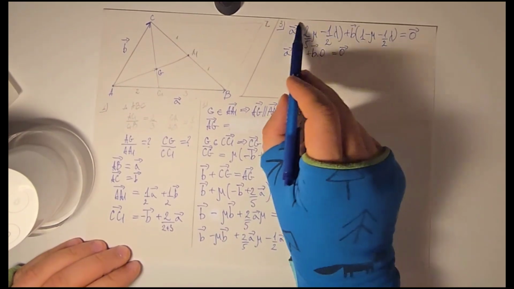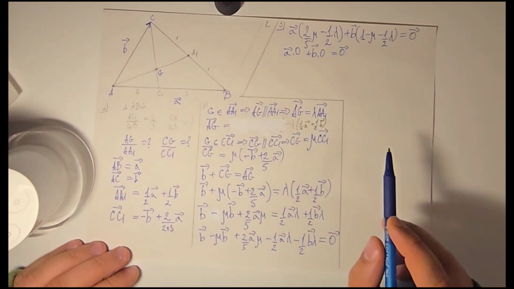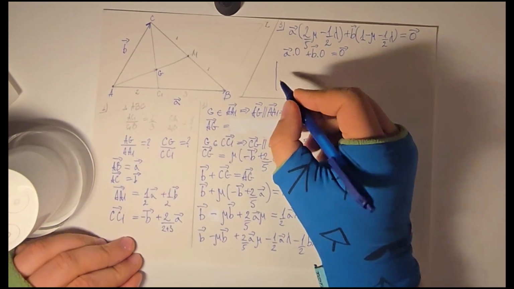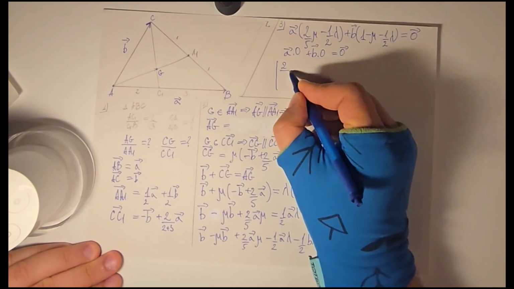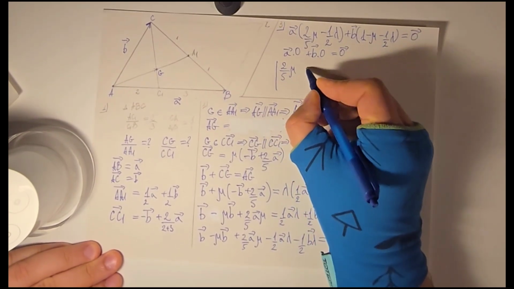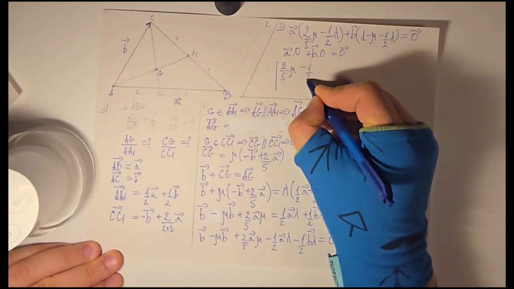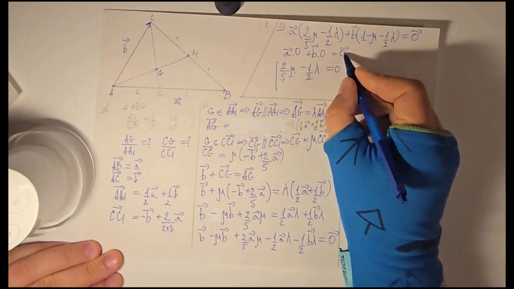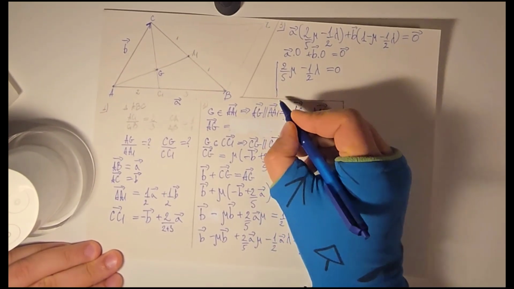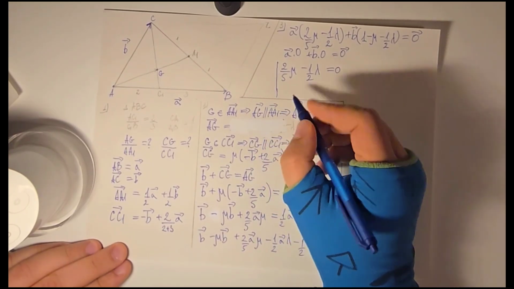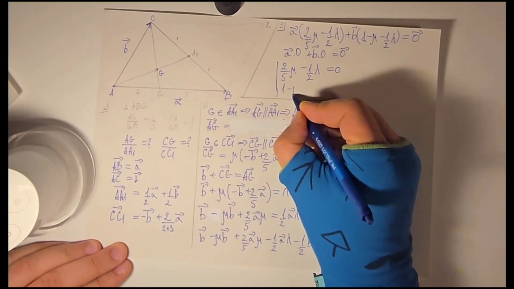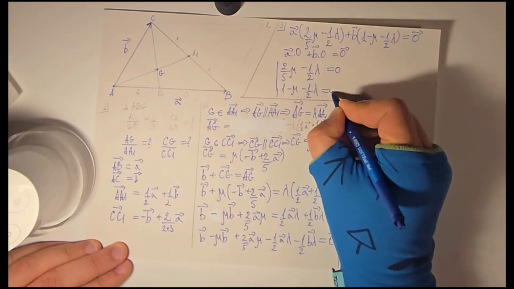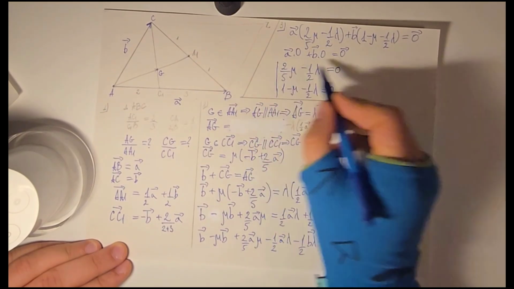Okay, so the question is, how do these things here turn out to be 0? And the answer is, let's build a system. So 2/5 mu minus 1/2 lambda equals 0. I'll not write here the zero vector as a vector, it should be understood. And then 1 minus mu minus 1/2 lambda also should be equal to 0.